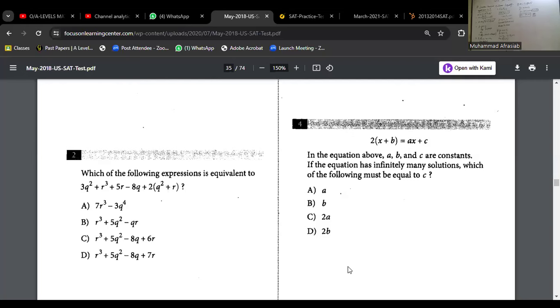In the equation above, a, b, c are constants. If the equation has infinitely many solutions, which of the following must be equivalent to the c value? So a into x plus b is equal to ax plus c.